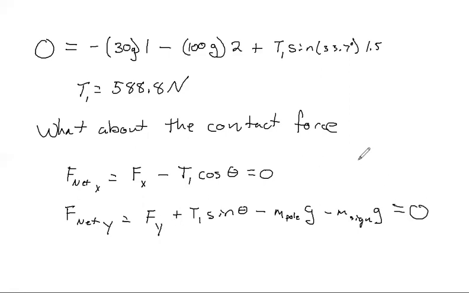So we can just do algebra and solve, because I know tension 1, I know all these other numbers. Working this out, this tells me that the force in the x direction coming from the wall must be 489.8 newtons.